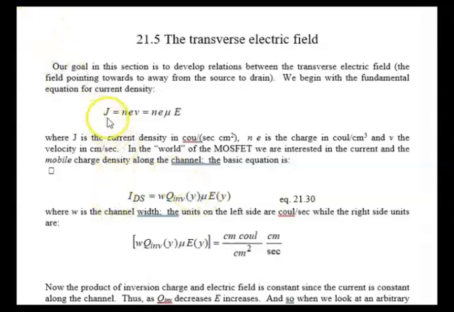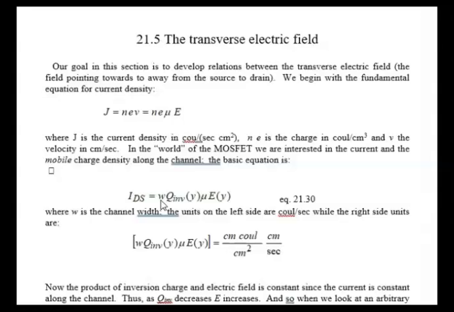Now, instead of writing an equation for the current density, I'll write an equation for the current. I could have put in JDS here because it's the current from the source to the drain. And generally, you don't do that. IDS, this is the drain current, and here we have an expression for the drain current. All I did was I took this part here, NE, and I substituted W, where W is not the depletion width.